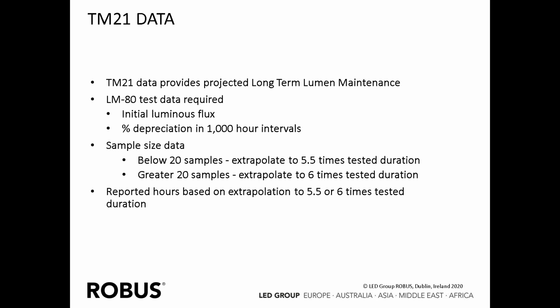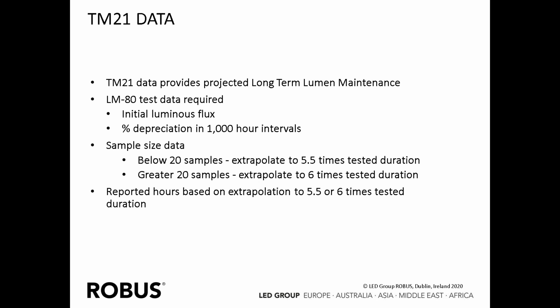In terms of the sample size, you saw from the LM-80 data report that there were 25 samples that were tested there, and they do stipulate that if there are below 20 samples, the information can only be extrapolated to 5.5 times the test duration.